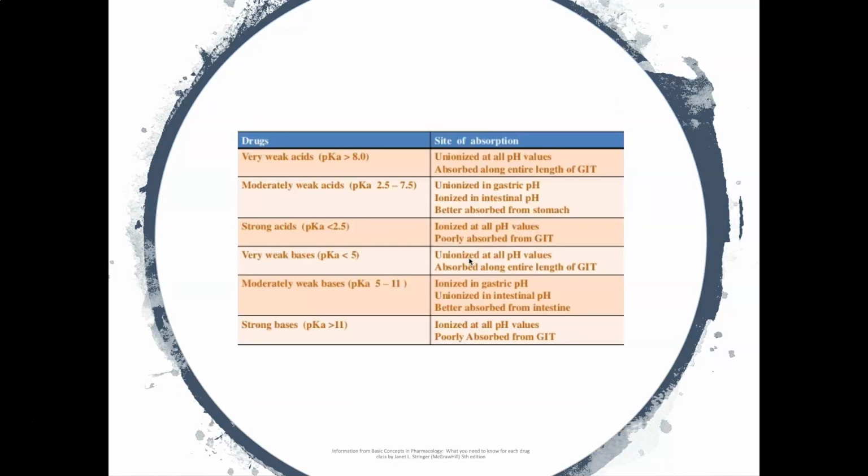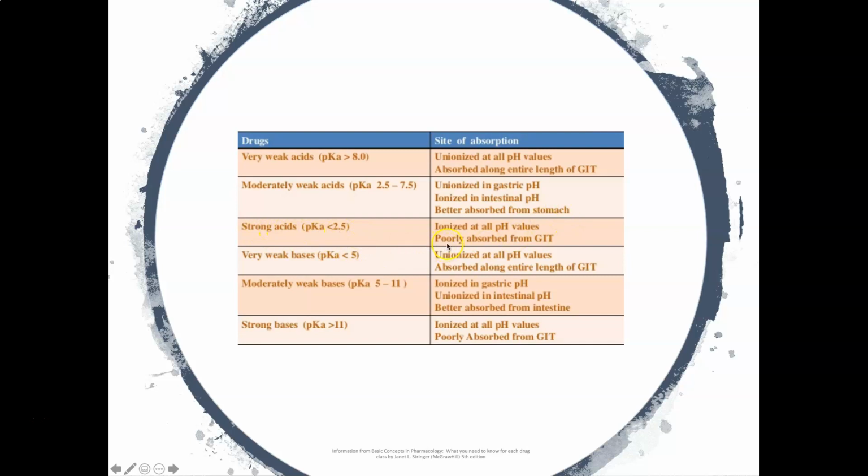So let's talk about acids and bases. Why do you need to know whether something is an acid or a base and how strong it is? Well, you need to know that some things can be absorbed along the entire length of the GI tract. Like very weak acids, those can be absorbed anywhere along the entire length of your GI tract. But moderately weak acids are better absorbed from the stomach.